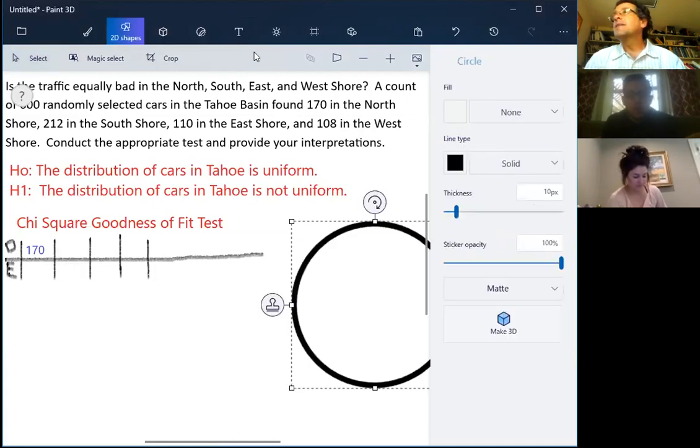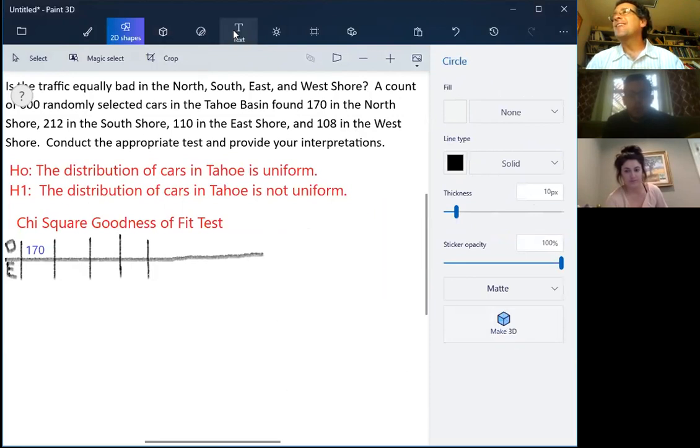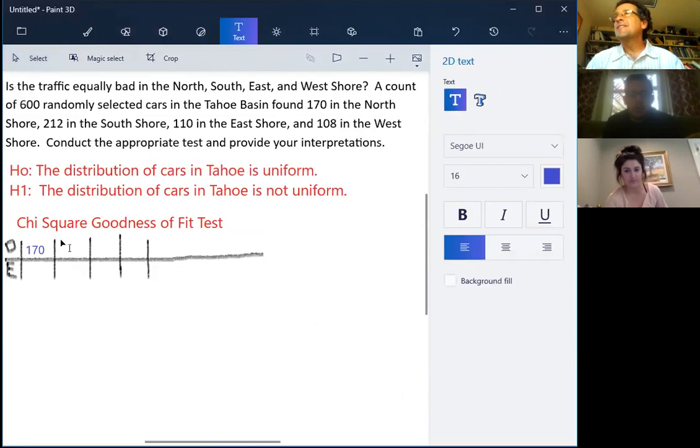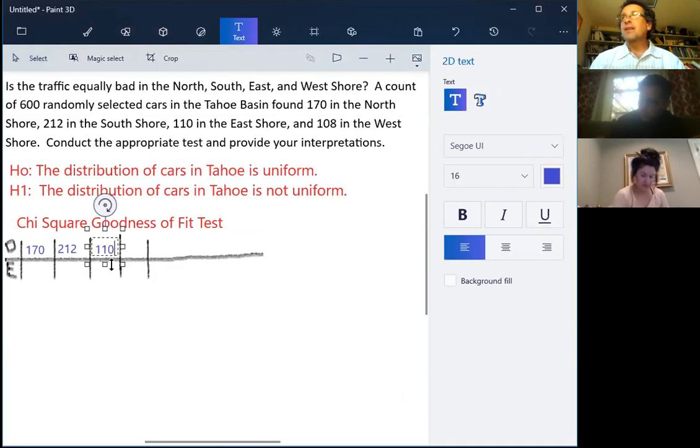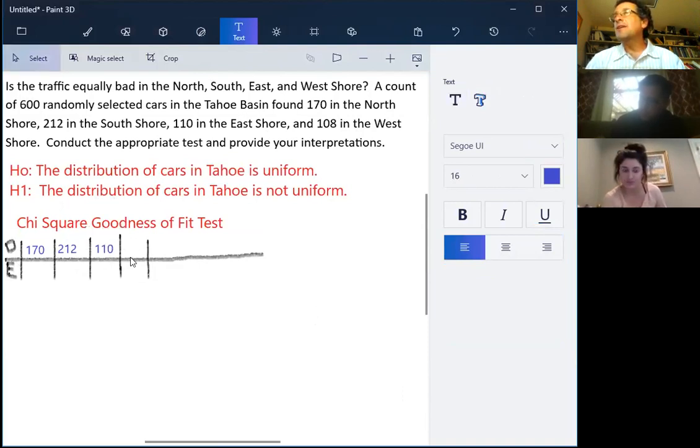Yeah. Uh-oh, I did not mean to do that. Try this again. 212. Okay. And then how many did we observe in the East Shore? 110. And then finally, we had 108 in the West Shore.